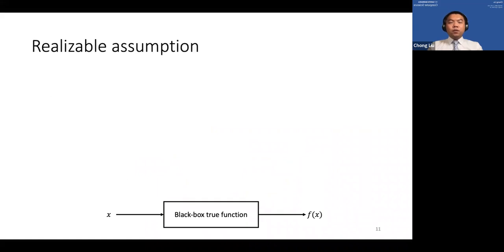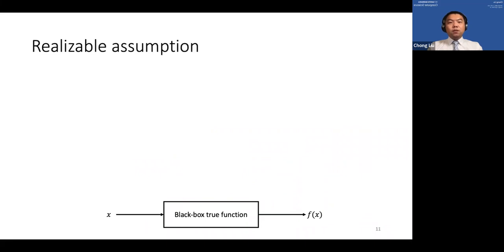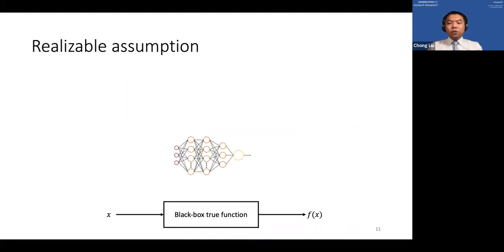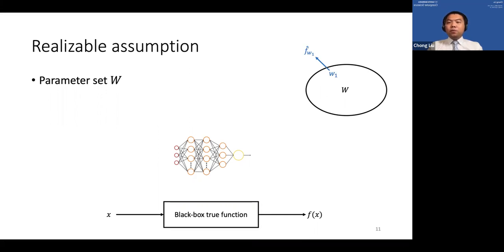Before moving to the algorithm design, I'd like to introduce a key realizable assumption, which is standard in the bandit setting and also maybe in reinforcement learning. It says that right now I have a parametric function, which can be a deep neural network, and I have the parameter set. The parameter set includes all the parameters that can be used with this deep neural network. Every parameter in this set, for example W1, describes a function f hat W1.